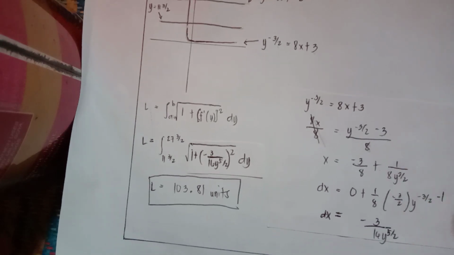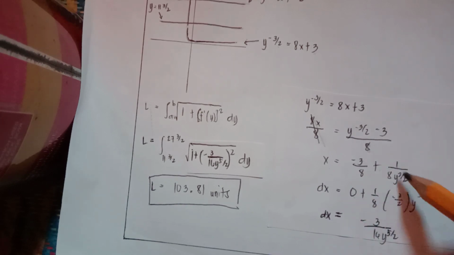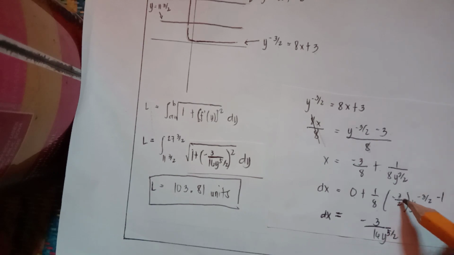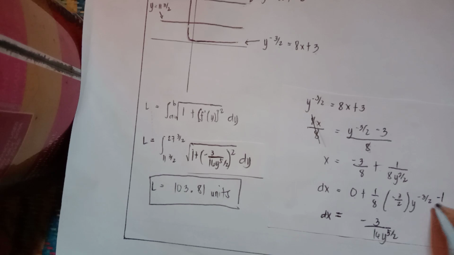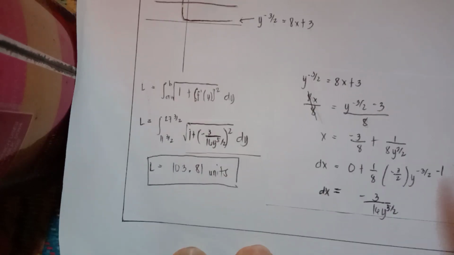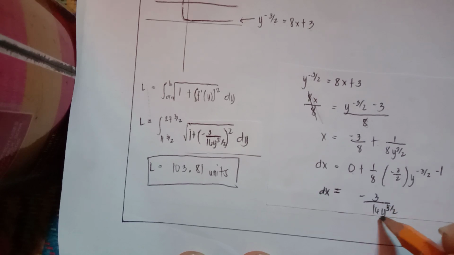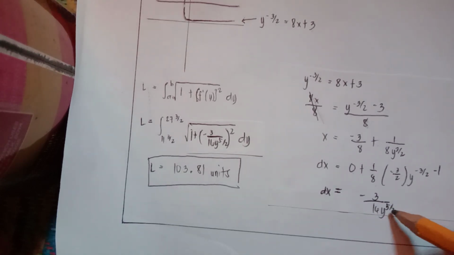So let's take the derivative of our x. The derivative of 3 over 8 is 0, plus the derivative of this, 1 over 8 times the quantity negative 3 over 2 y raised to negative 3 halves minus 1. So the derivative is negative 3 over 16 y raised to 5 halves.